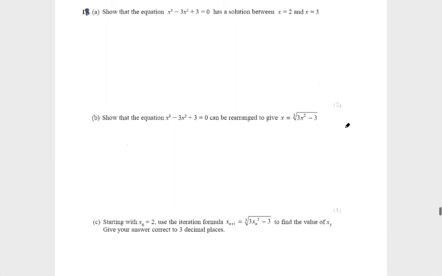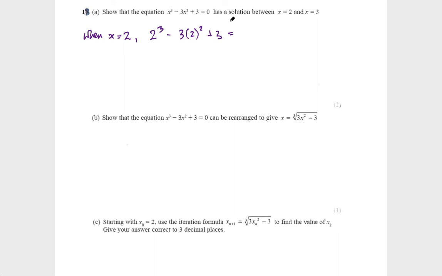Question 18a. Show that the equation x cubed minus 3x squared plus 3 equals 0 has a solution between x equals 2 and x equals 3. I'm just going to start off by substituting these values in. When x equals 2, 2 cubed minus 3 lots of 2 squared plus 3 equals 0. It doesn't equal 0.